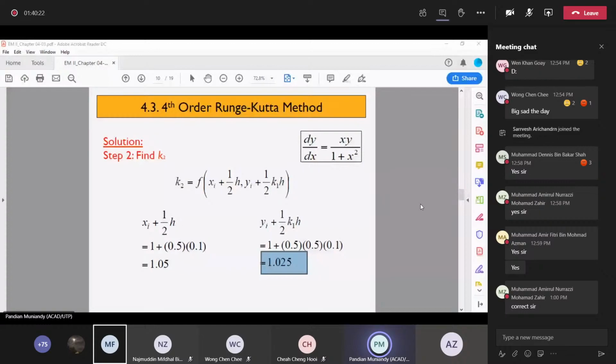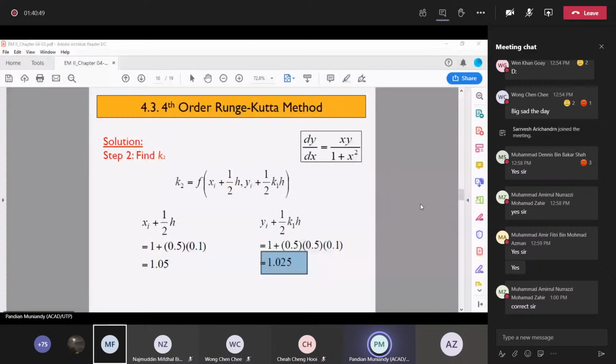Already have K1, K2, K3. Next one is all the values. You put it here. Now you calculate y at 1.1. This is y at xi, the previous x1 plus 0.1. You must use this formula.